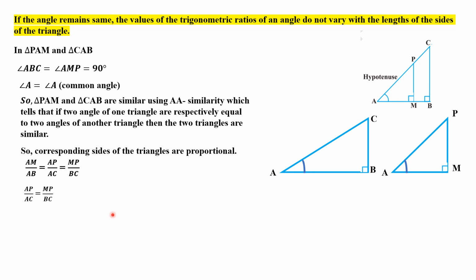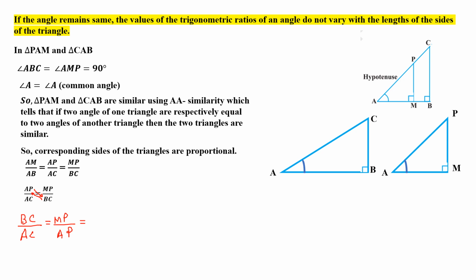Okay, so first I am going to take AP by AC equal to MP by BC. I can write, isn't it? Because all the corresponding sides are proportional. Now what I am going to do, I am going to exchange the positions of BC and AP. So it will now be BC by AC equal to MP by AP.